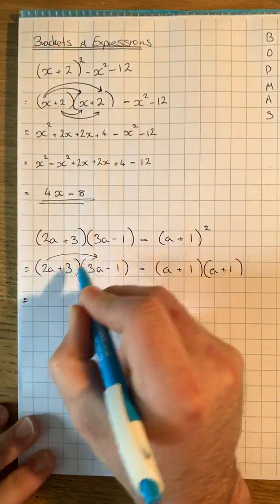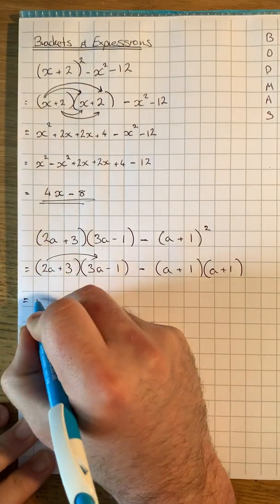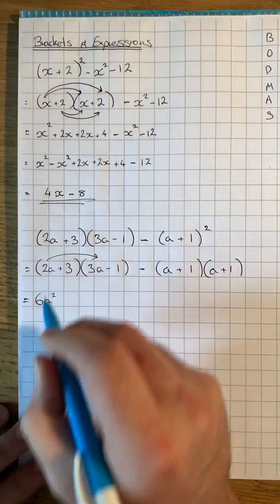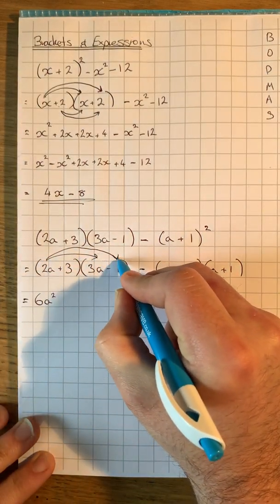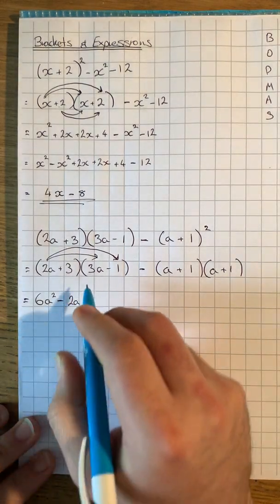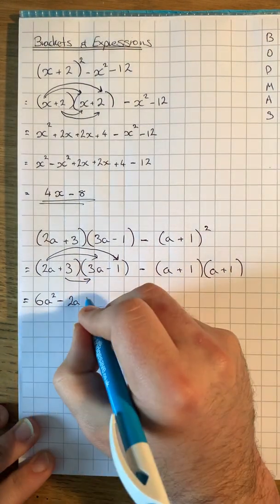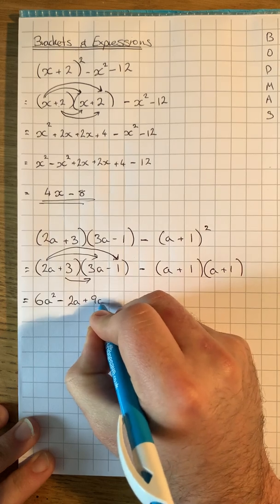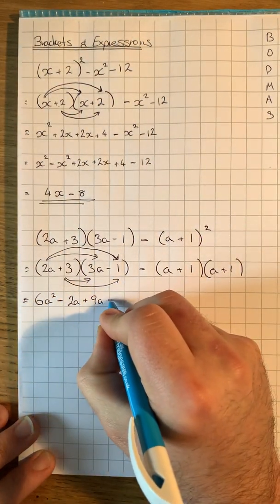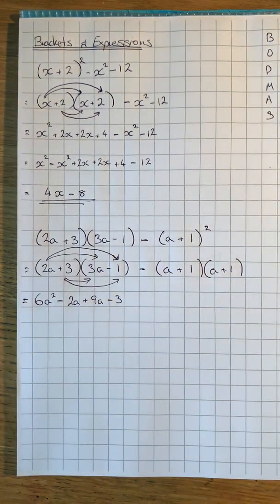So first, 2a times 3a, 2 times 3 gives us 6, and a times a is a squared. 2a times negative 1 gives us negative 2a. 3 times 3a gives us plus 9a, and 3 times negative 1 will give us negative 3.